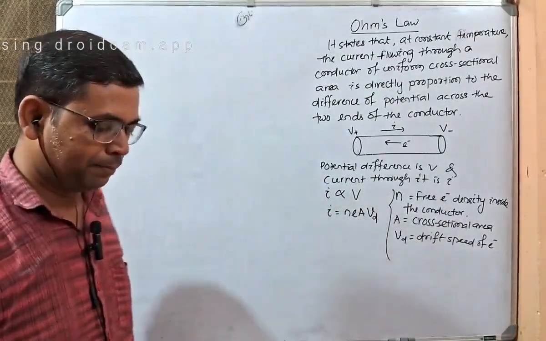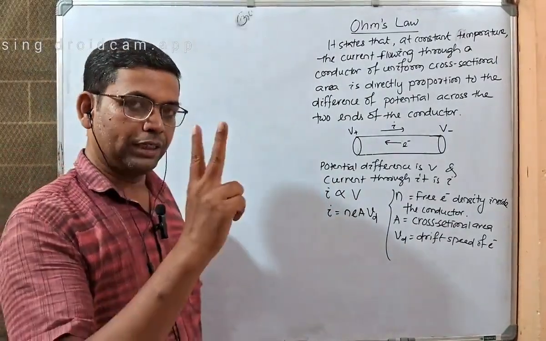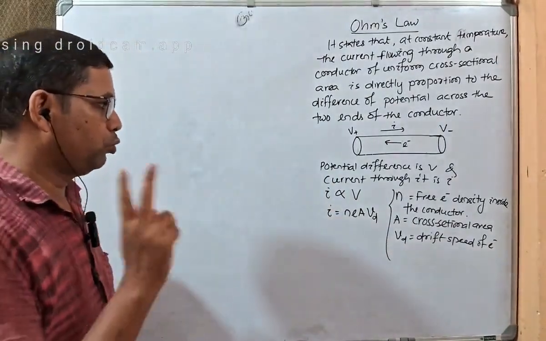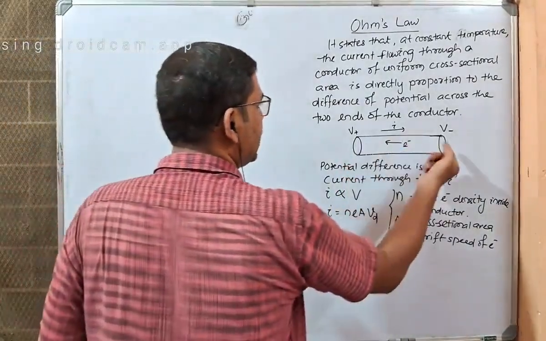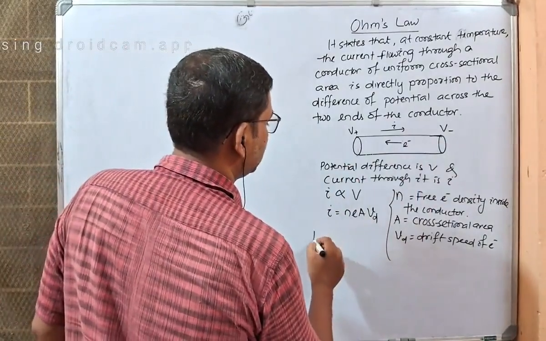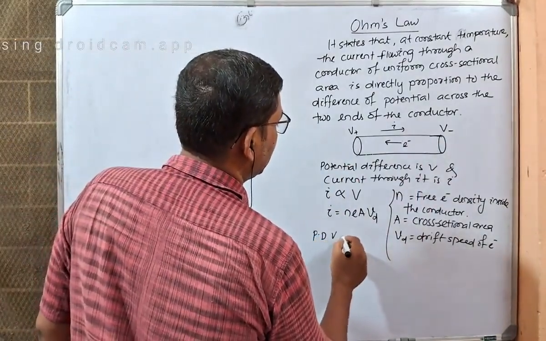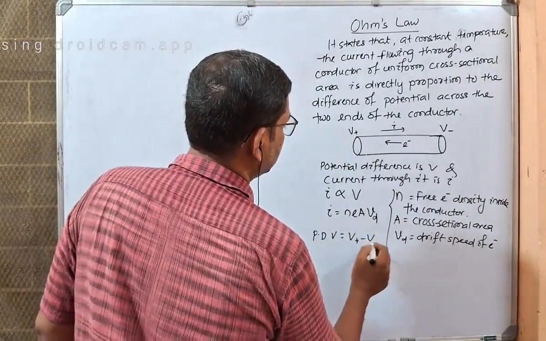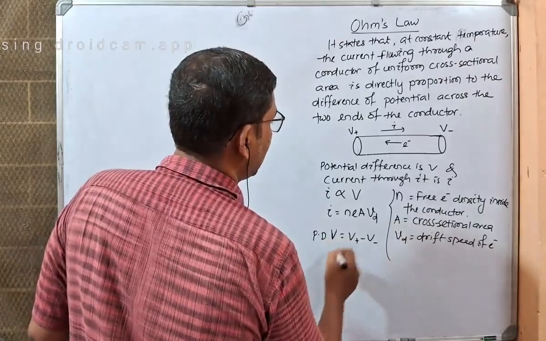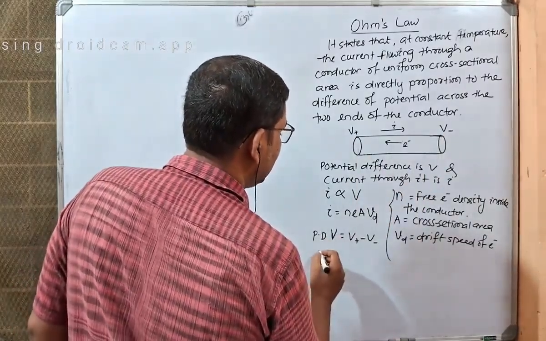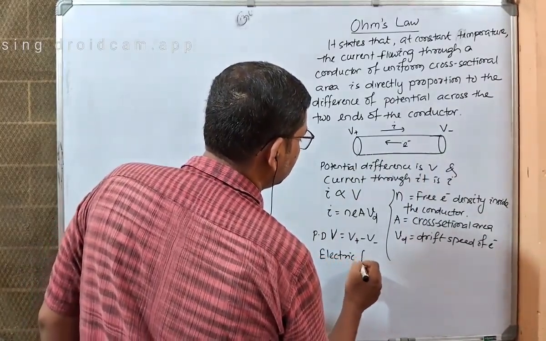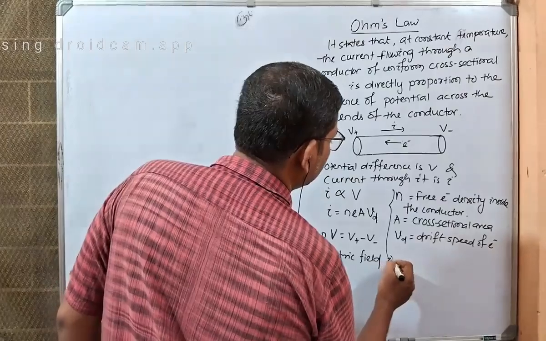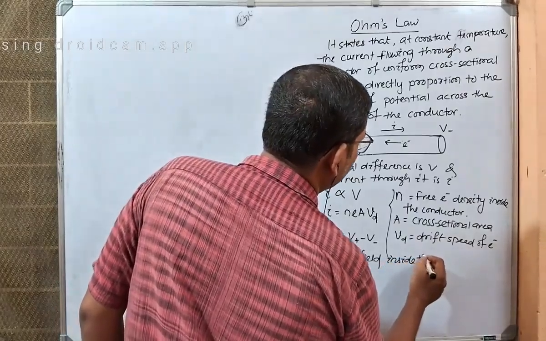Then we will use two relations. First, if the potential difference is V, that is V plus minus V minus, and the length is L, then what is the electric field inside the conductor?